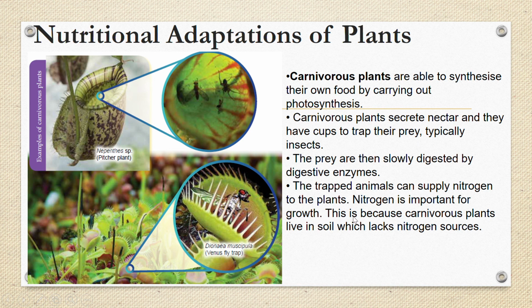This is because carnivorous plants live in soil lacking nitrogen sources. That means these plants thrive in soil which has a poor supply of nitrogen, and therefore they depend for their nitrogen mostly on the insects that they have trapped.